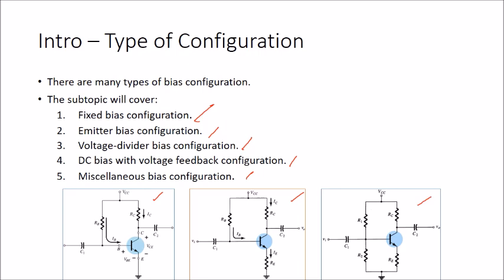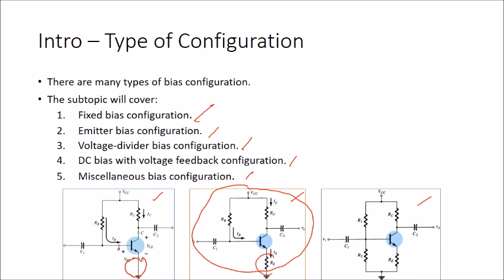It's really recommended that you watch this one first, because I think this is the most critical bias. What is the difference between fixed bias and emitter bias? The difference is here: fixed bias does not have the RE, while the emitter bias has the RE.